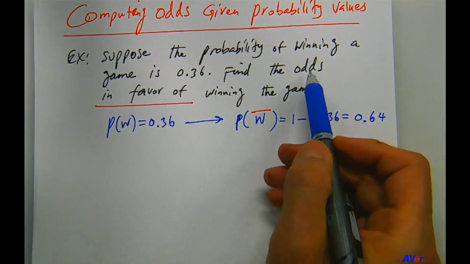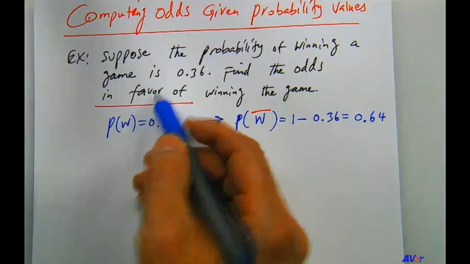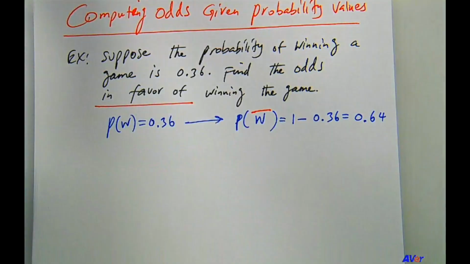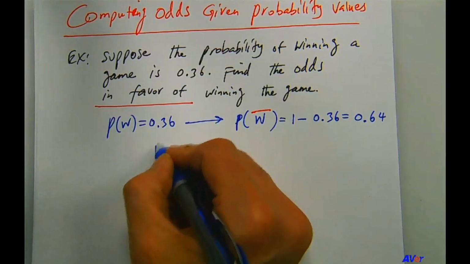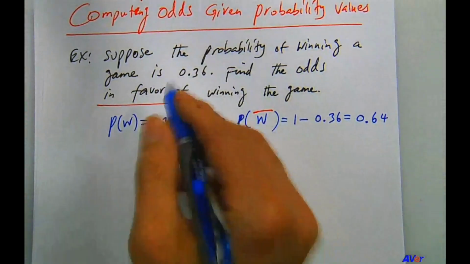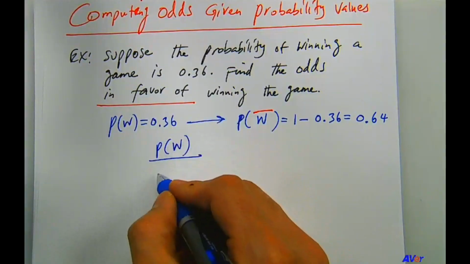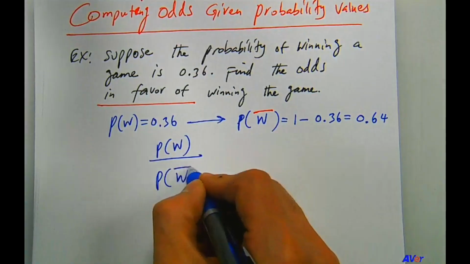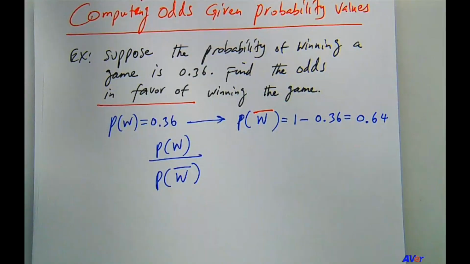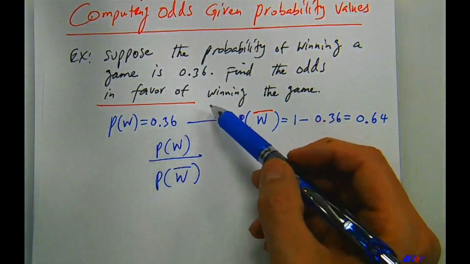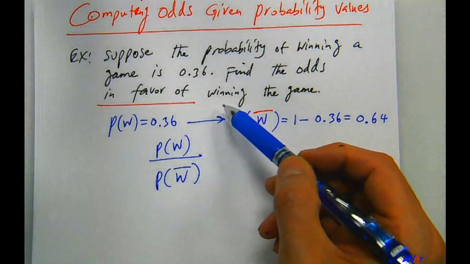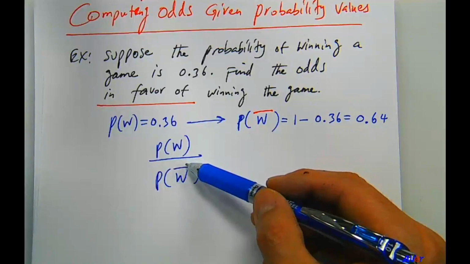So if we want to find the odds in favor of, then we'll take the ratio of the probability that we will win this, that winning a game is, by the probability of not winning that game. If we were looking for probability of losing this game, we would flip this.